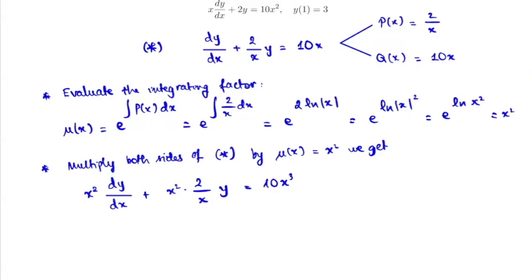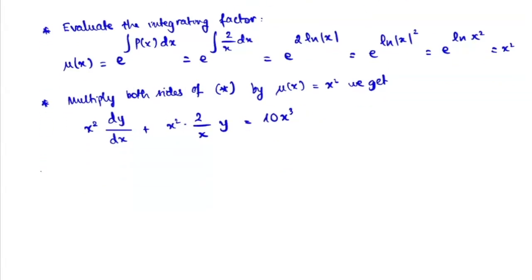Now the left-hand side is going to be a product rule, right? The derivative of a product between the integrating factor and the dependent variable. Then you're going to have d/dx of x squared times y equal to 10 times x cubed.